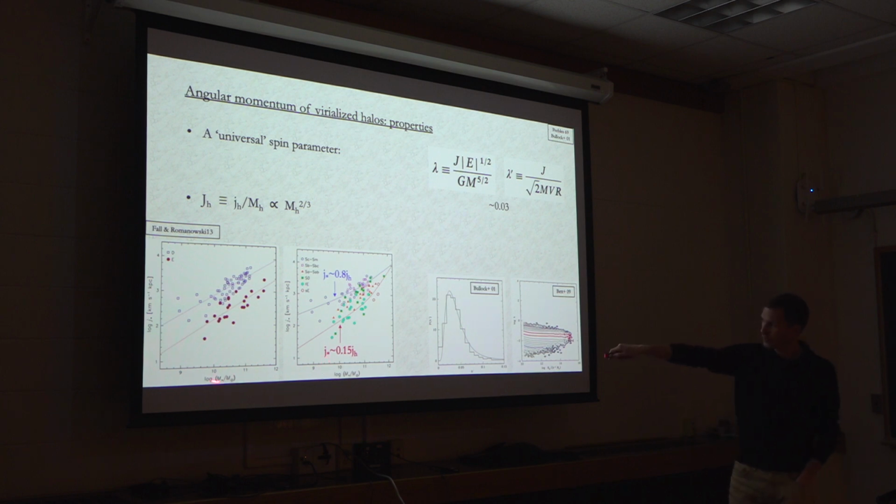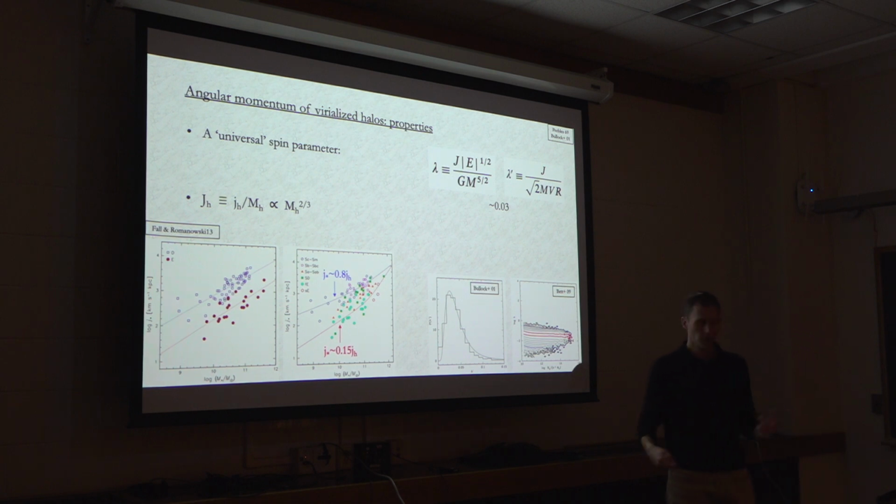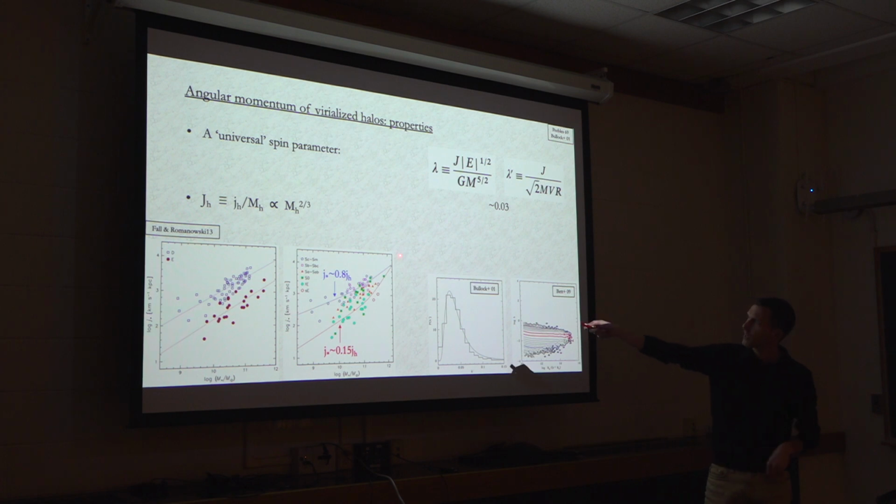Essentially, if one assumes some empirical model for a connection between the stellar mass and the halo mass, one is able to put on such a plot lines that show a fixed value of the lambda parameter, or of specific angular momentum.